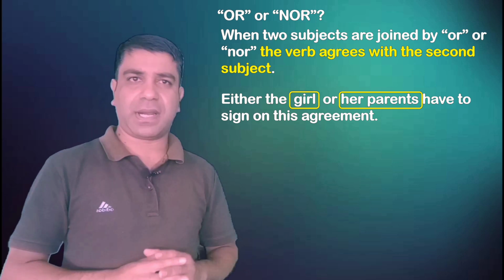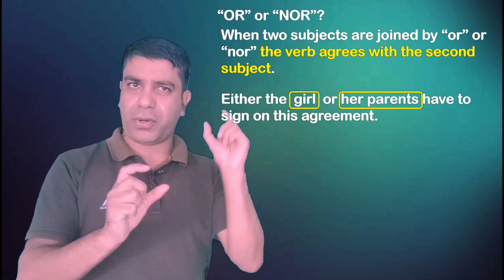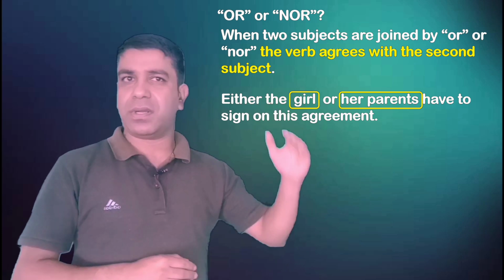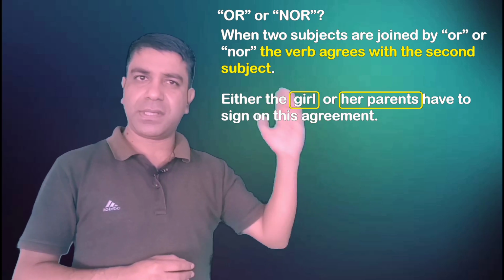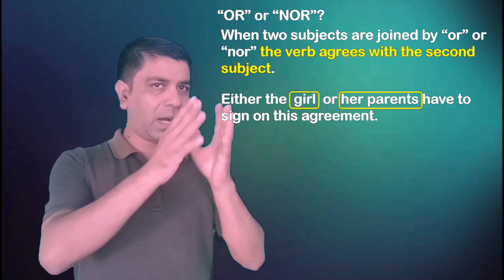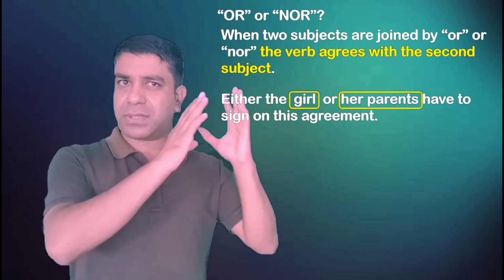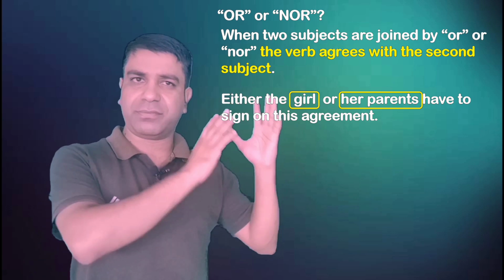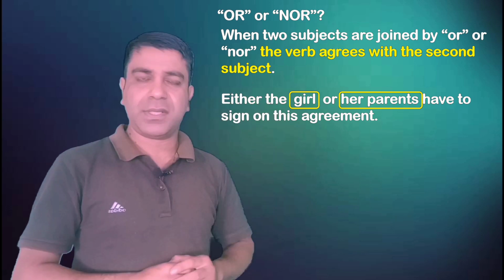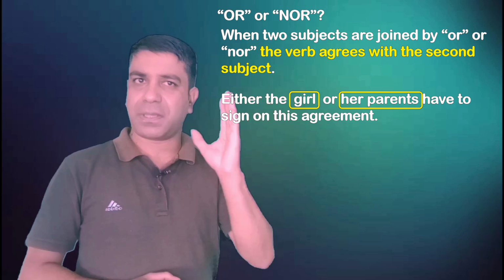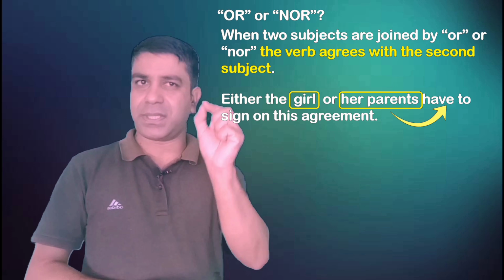When two subjects are joined by or, nor, the verb agrees with the second subject or the subject which is nearest to the verb. In our example, in this sentence, the second subject or the subject which is nearest to the verb is parents. So we look at the second subject, parents, and supply the verb according to its number.